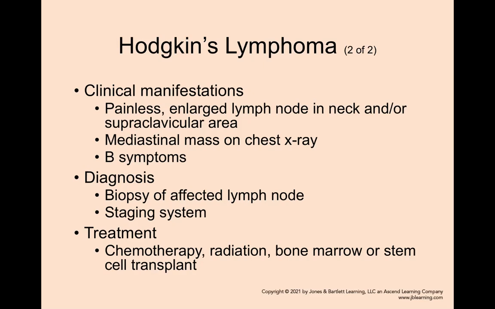The diagnostic things that would be important would be a bone marrow biopsy, a physical exam, a CBC, and a chest x-ray. Treatment includes chemotherapy, radiation, bone marrow or stem cell treatment, and the cure rate is around 75%.